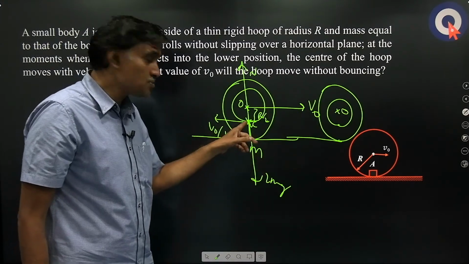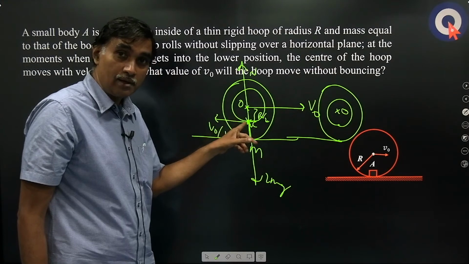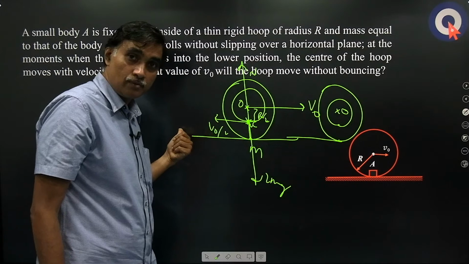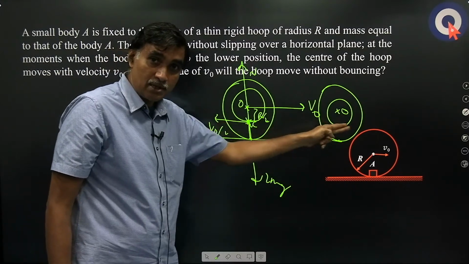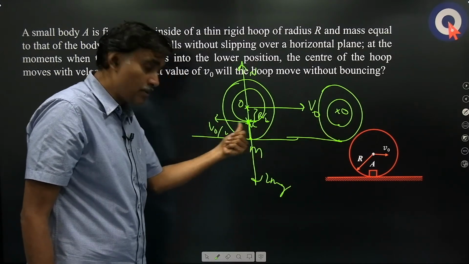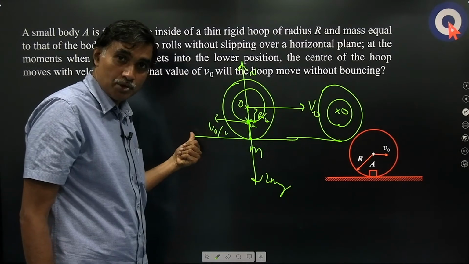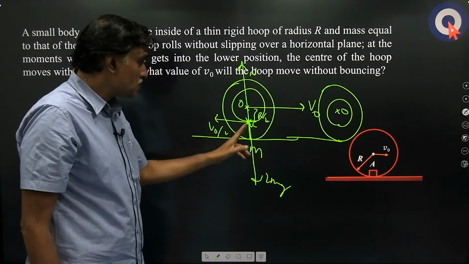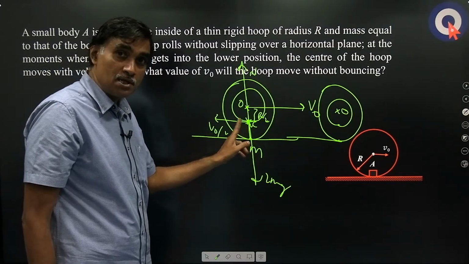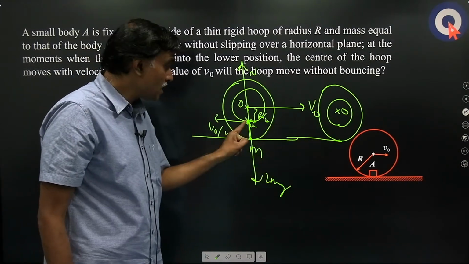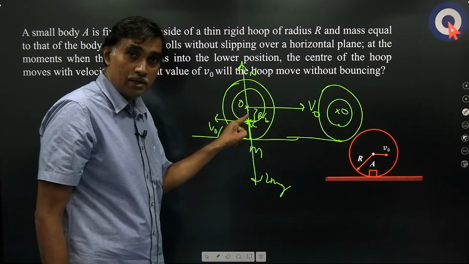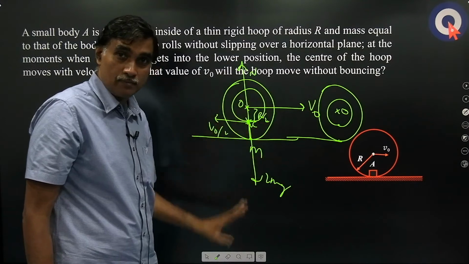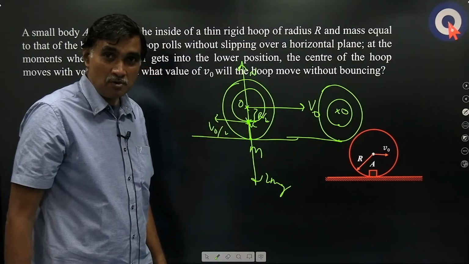So, what is the velocity of this point with respect to the ground? It is V naught minus r omega by 2: V naught towards right because of translatory motion, r omega by 2 towards left because of rotatory motion, where omega is V naught by R. So the absolute velocity is V naught by 2 towards right, but its velocity with respect to O you should take as V naught by 2 towards left, because it is circular motion with respect to O.